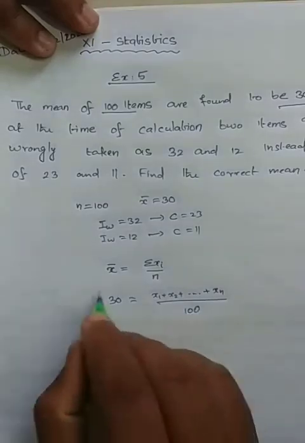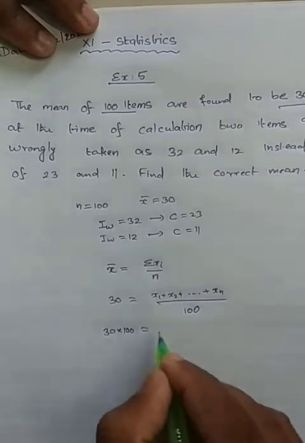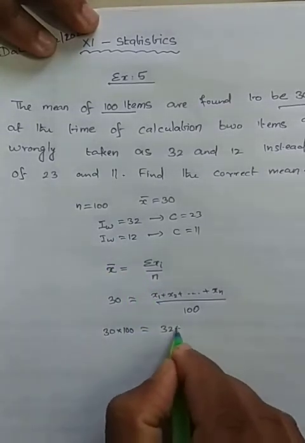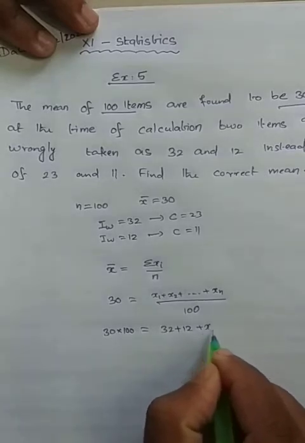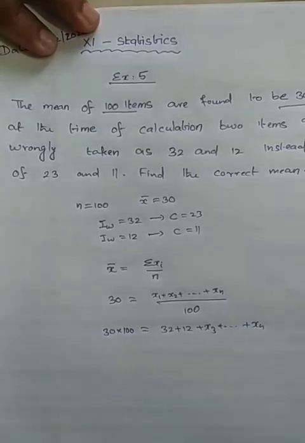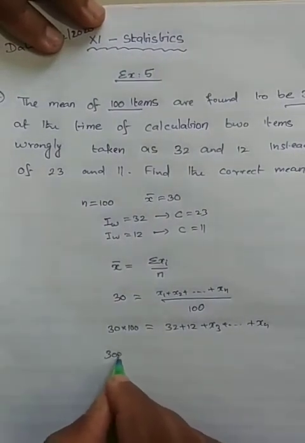Now you bring this 100 to this side: 30 into 100. The two wrong items will be there, so 32 plus 12 plus x3 and so on up to xn. So 30 into 100 is 3000.